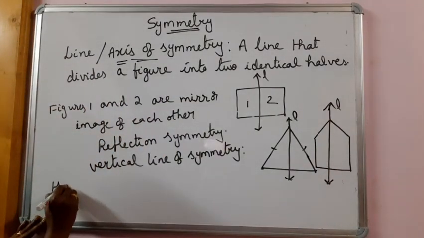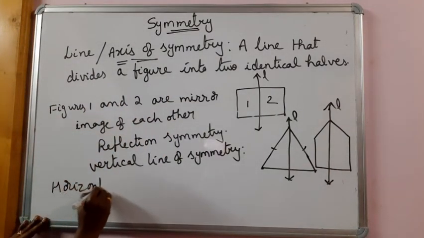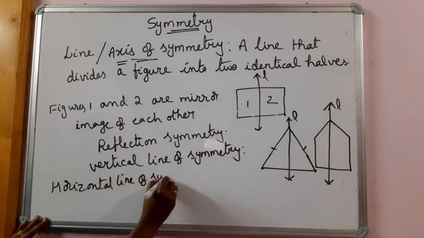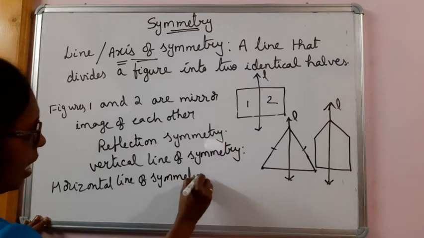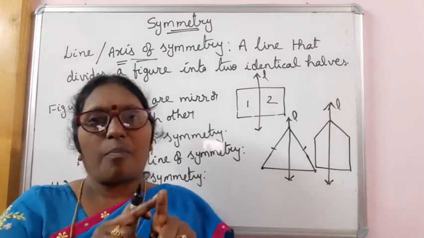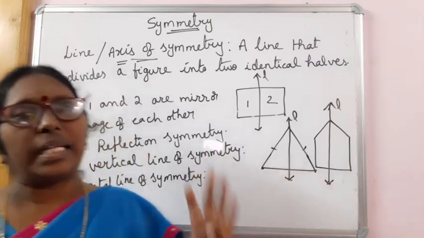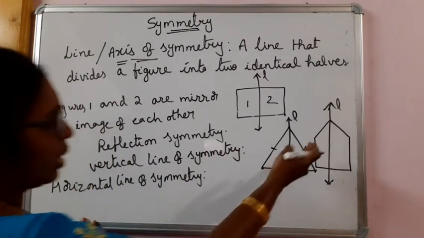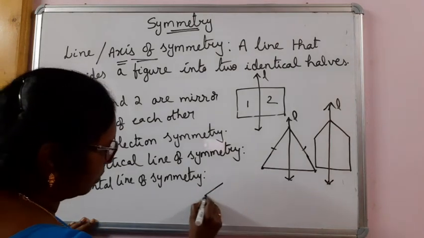Then what is horizontal line of symmetry? If a figure is divided into two identical halves by a horizontal line, it is said to be a horizontal line of symmetry. Let me give you an example.